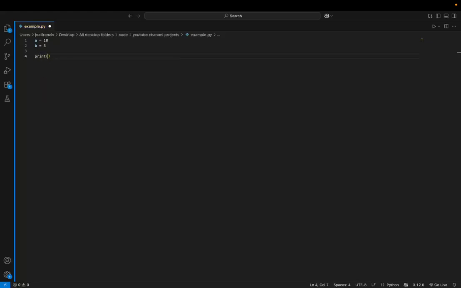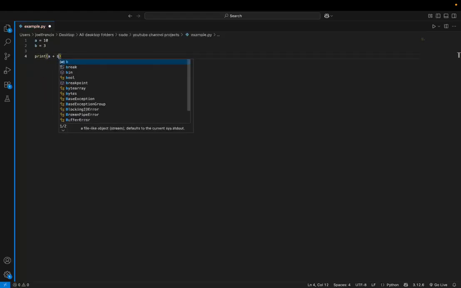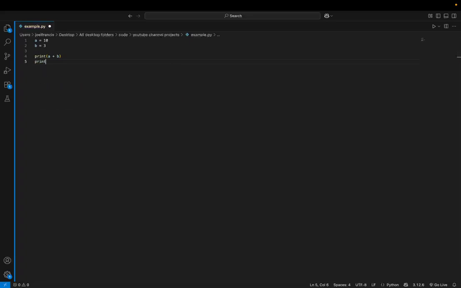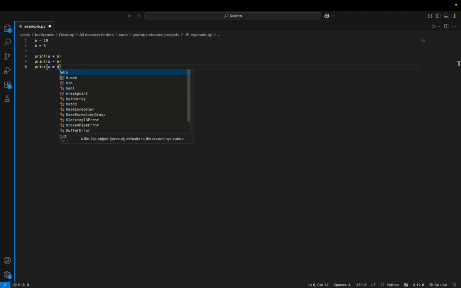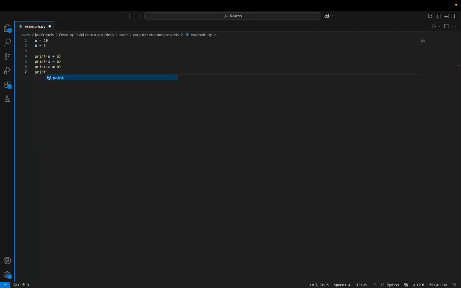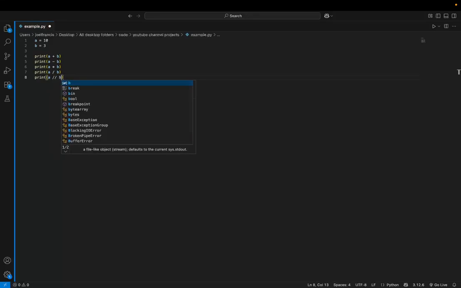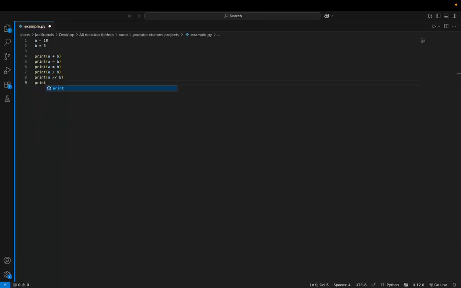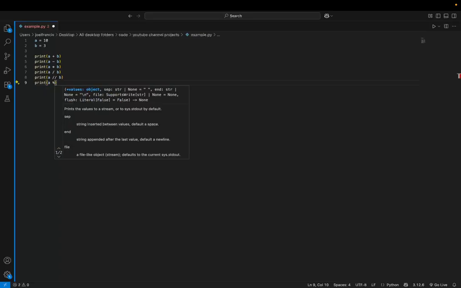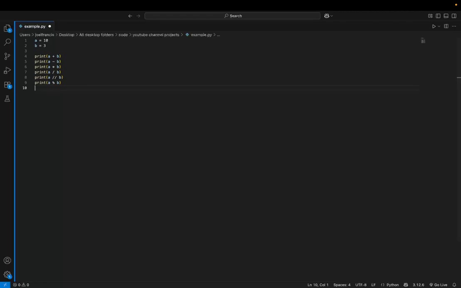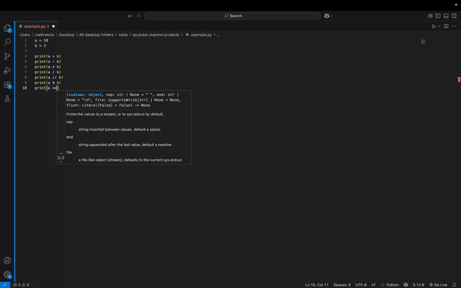We'll do print a plus b, print a minus b, print a times b, print a divided by b, print a floor division b, print a modulus b, and print a to the power of b.